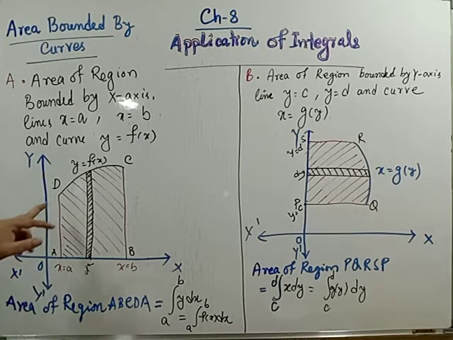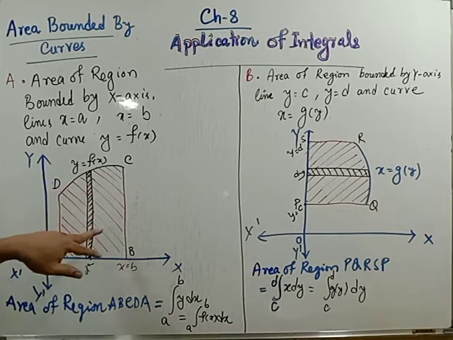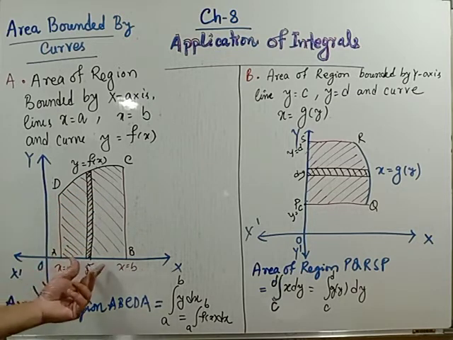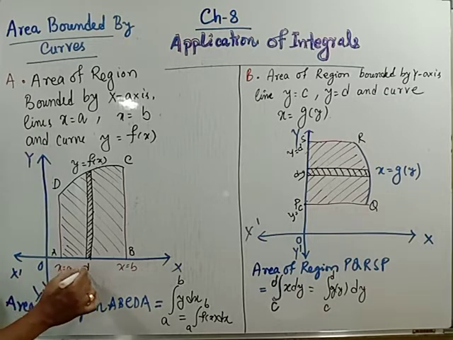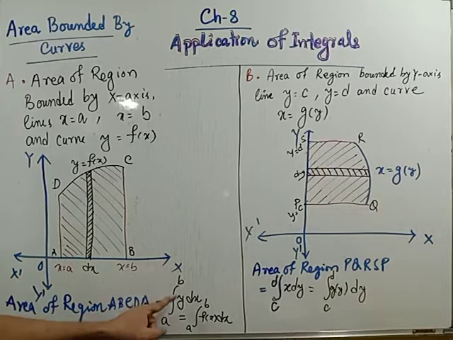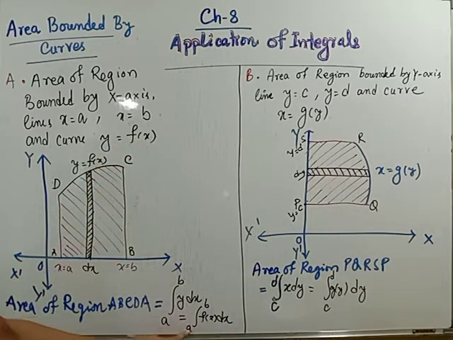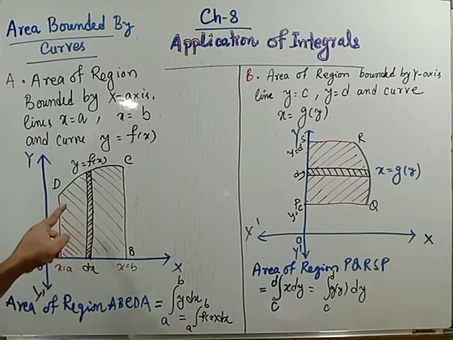Then this red marked area is your required area. With respect to the x-axis, if you take a small part as dx, the area is equal to the integral from a to b of y dx. Y means y equals f of x, so the integral from a to b of f of x dx. This integration will give the area bounded by this curve.